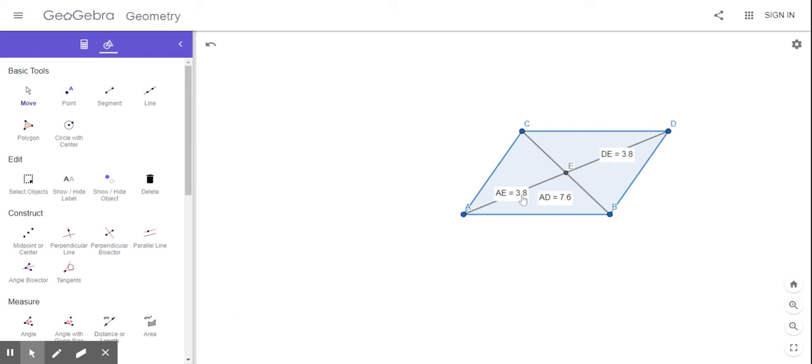So notice that if you add 3.8 plus 3.8, you get back to 7.6. So we can say this diagonal's been cut in half. So now let's do CB. Let me scooch it out of the way. Come back and do the pieces.